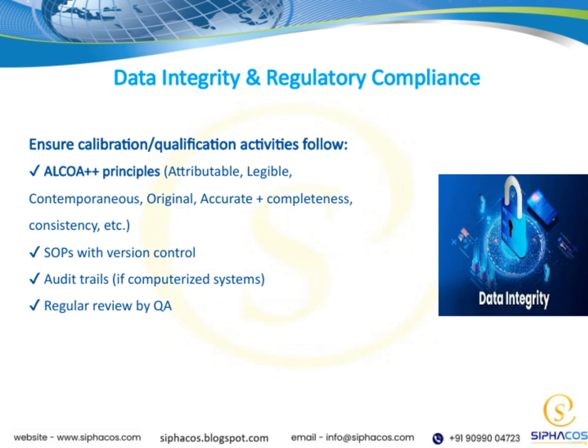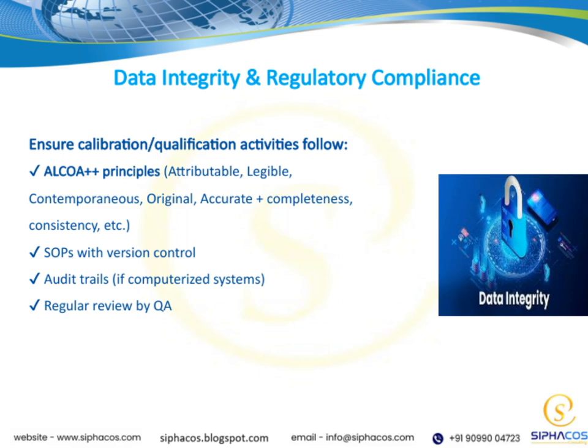Next, it's crucial that our standard operating procedures, or SOPs, are up to date and have proper version control. This way, everyone is using the latest instructions and we minimize errors. And when it comes to computerized systems, audit trails are vital. They give us a secure record of all changes and activities within the system, supporting transparency and accountability.